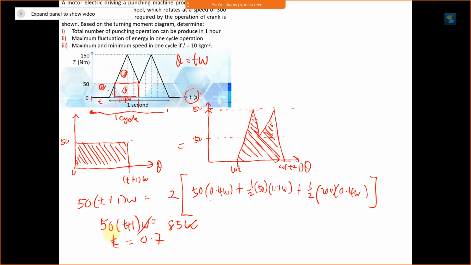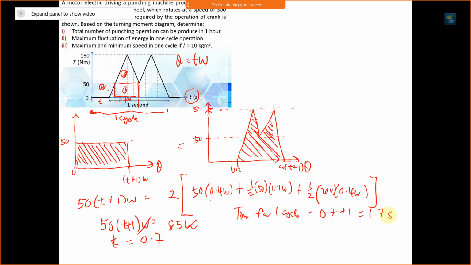Okay, so once we get t, to complete one cycle requires time for one cycle. Alright, time for one cycle must be 0.7 plus 1, which is 1.7 seconds.